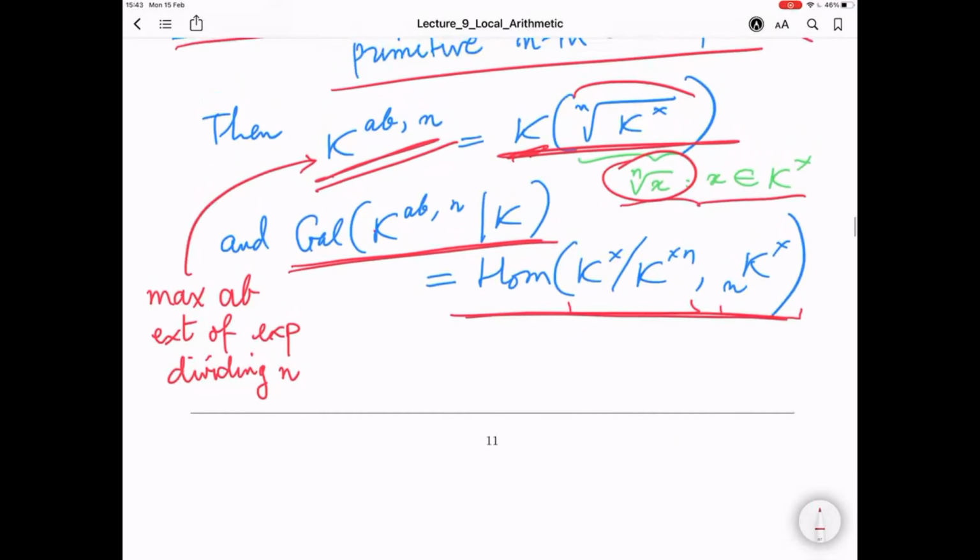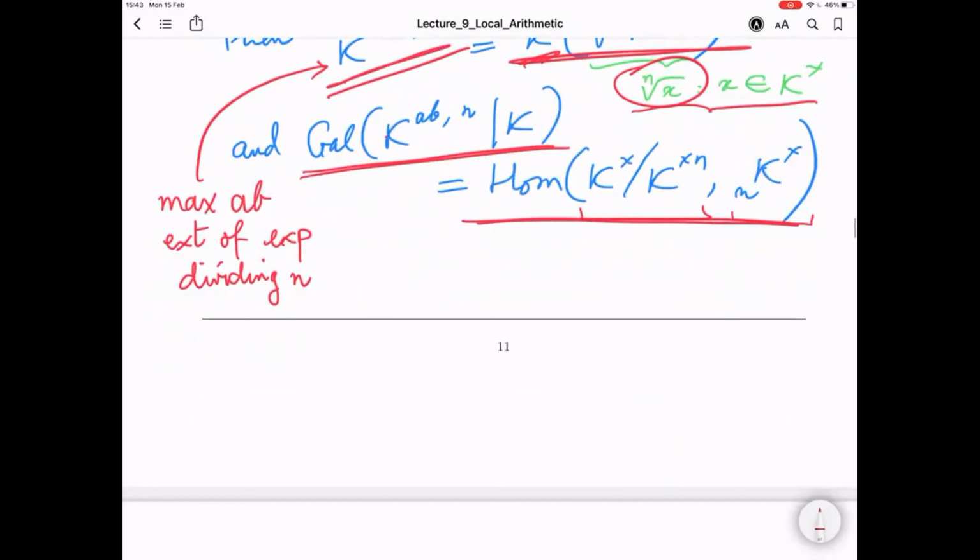You can apply it to, for example, K equal to Q and n equal to 2, because Q contains plus or minus 1, or contains minus 1, which is a primitive second root of unity.